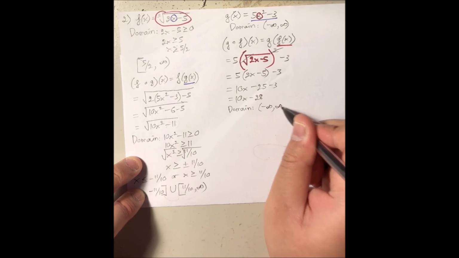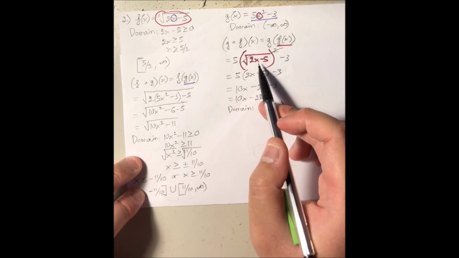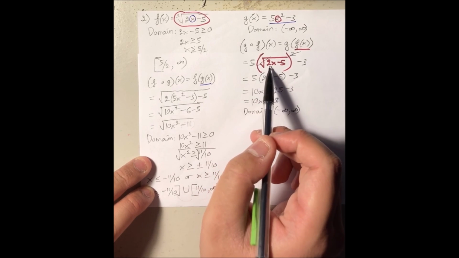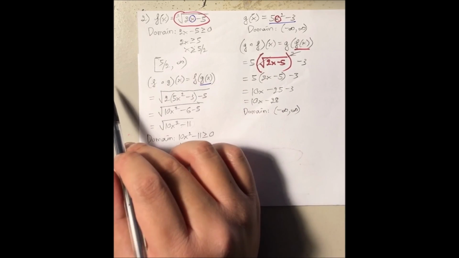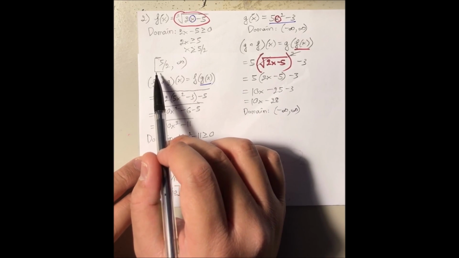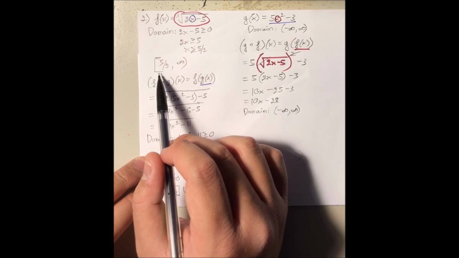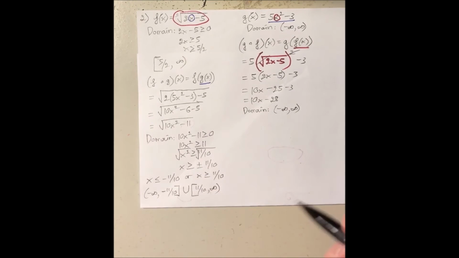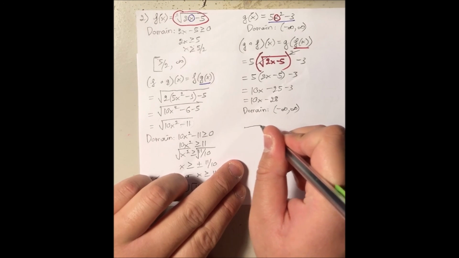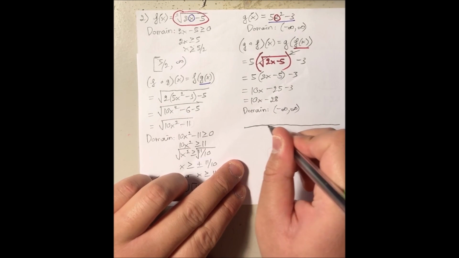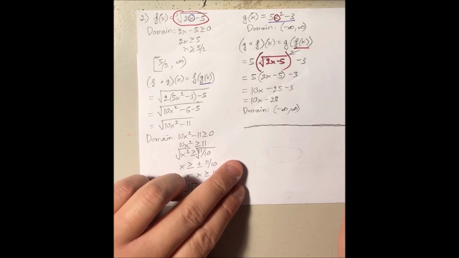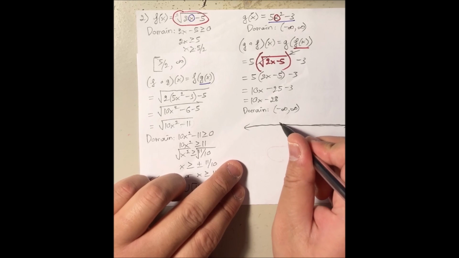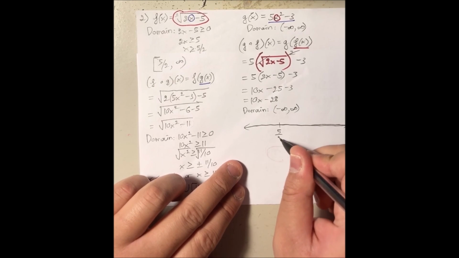But that's not all. We have to include the restriction of the inside function f. The inside function 2x minus 5, instead of from negative infinity to positive infinity, is actually restricted to going from including 5 over 2 all the way to positive infinity. So you can think of it as a real number line, from negative infinity to positive infinity, and let's just say you got 5 over 2 right here.